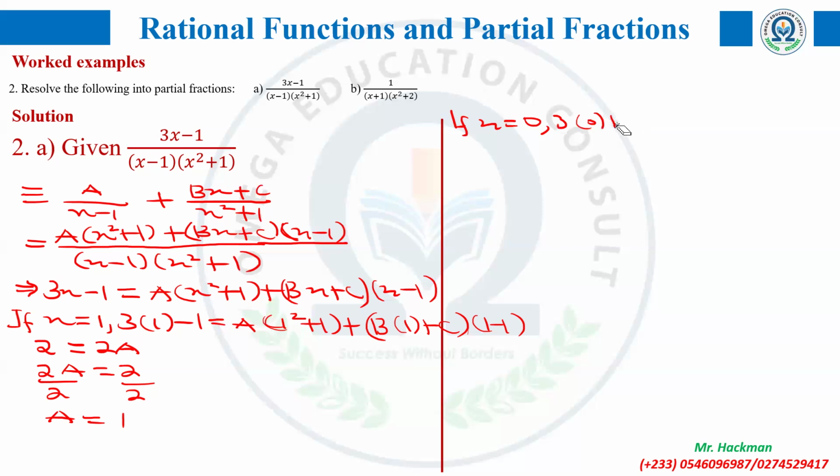So -1 is equal to A into 0 squared, then plus 1, then plus, in bracket, B into 0 plus C. But that's not all. The whole of that times 0 minus 1. Am I right?